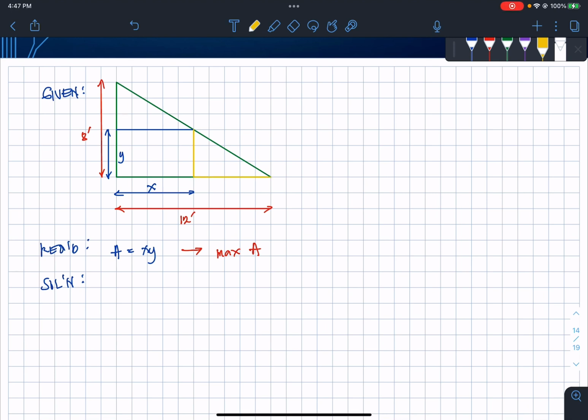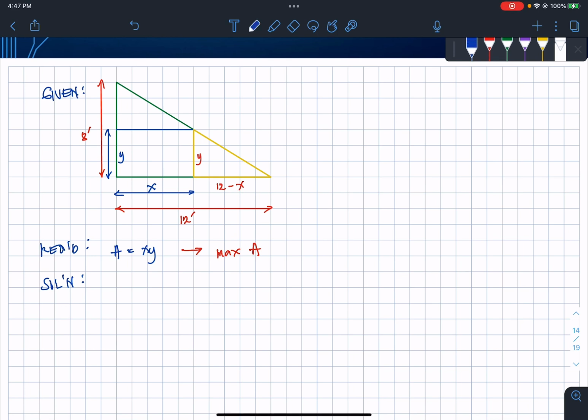So as to get the relation between x and y, in here this is y, and then the base of the yellow triangle: if this is 12 and we have x there, it follows that this would be 12 minus x.